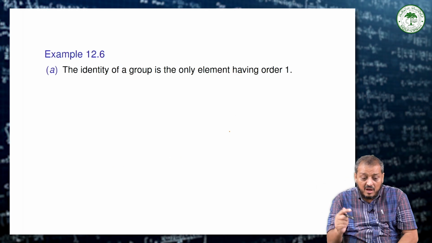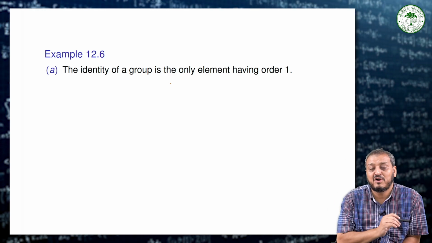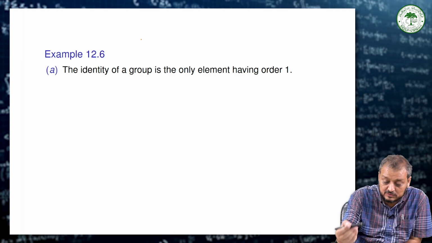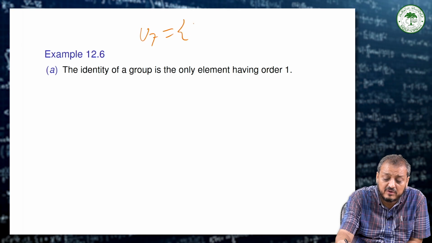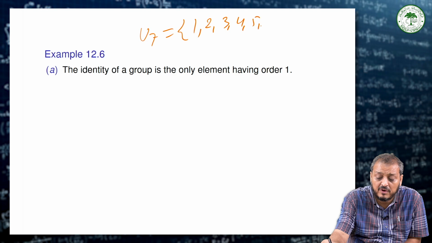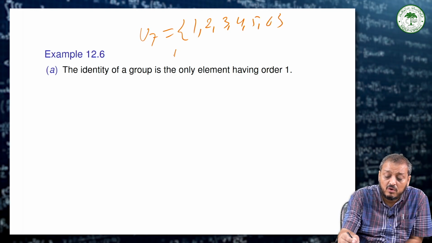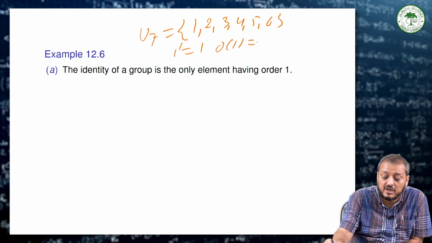For example, the identity of a group is the only element which has order 1. For U7, for example, you can have 1, 2, 3, 4, 5 and 6. So if you take U7, then 1 to the power 1 is equal to 1, so the order of 1 is clearly 1.